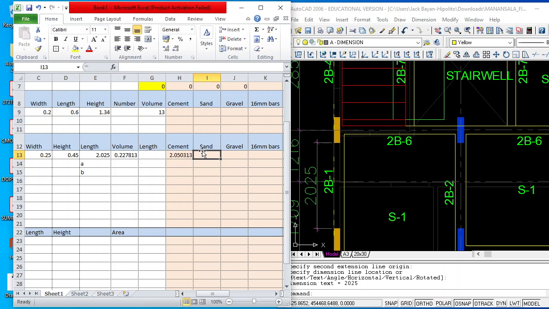The sand will be equal to the volume multiplied by 0.5. And the gravel is equal to the volume multiplied by 1. To make it automatic again, just drag it down. The volume too, just drag it.